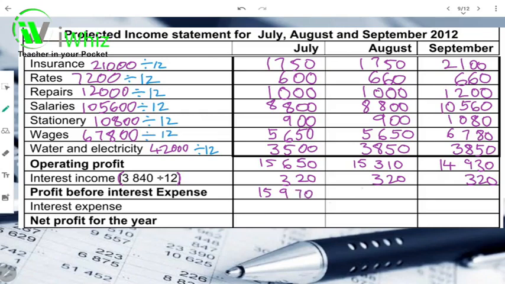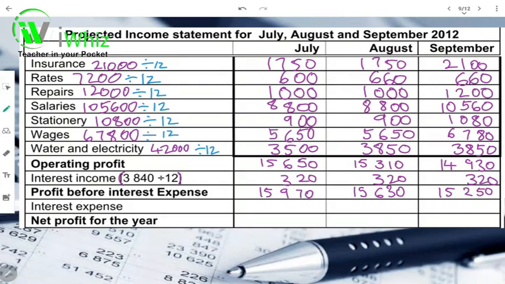For August, 15,310 Rand plus 320 Rand will give you 15,630 Rand. Then for September, 14,930 Rands plus 320 Rands will give you an amount of 15,250 Rand.